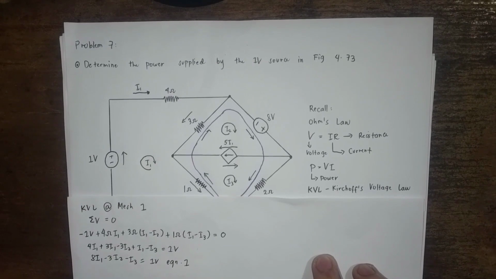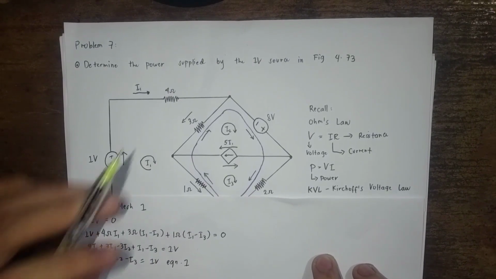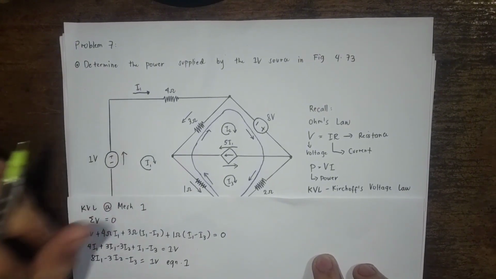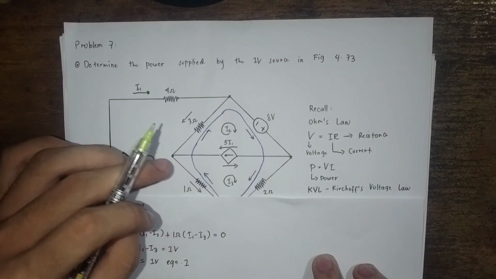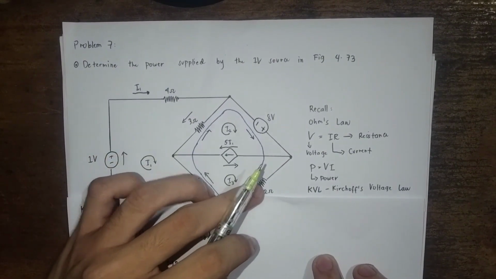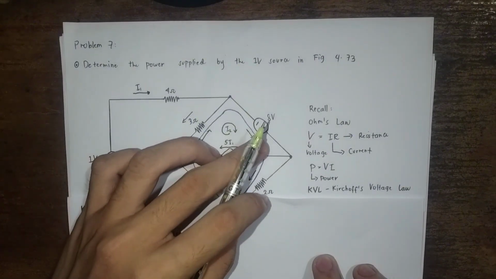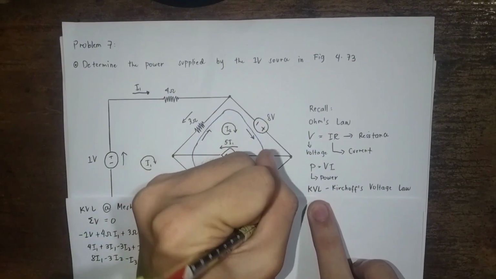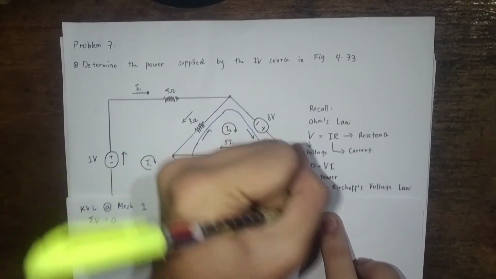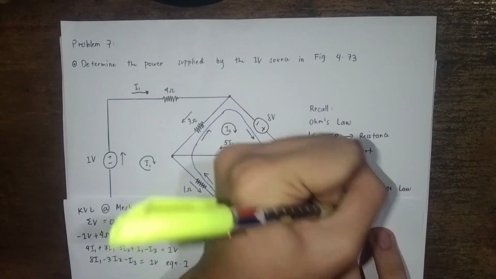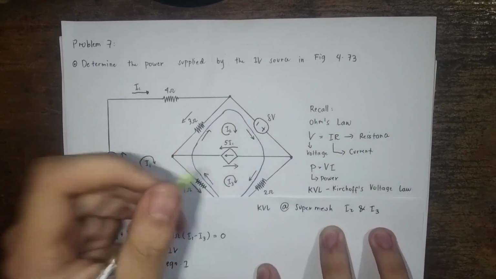Next, we will do KVL again. Since this is a supermesh, the components we pass through are those outside the triangle, which are the 1 ohm, 2 ohms, 3 ohms, and the 8 volts. So KVL at the supermesh, mesh I2 and I3.